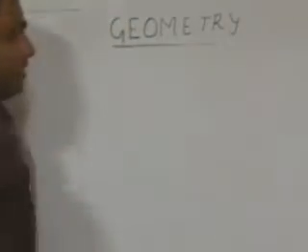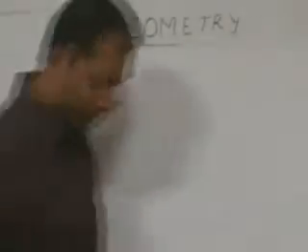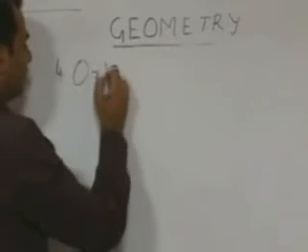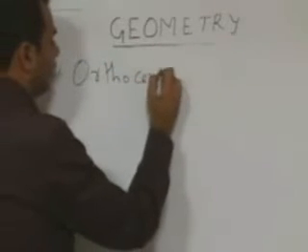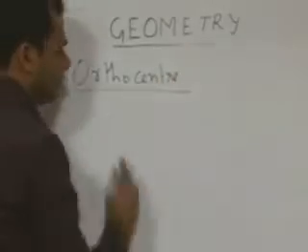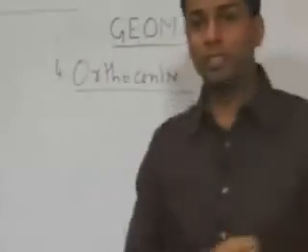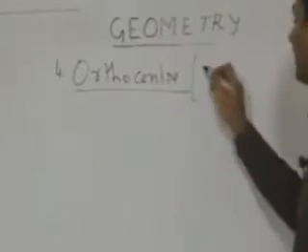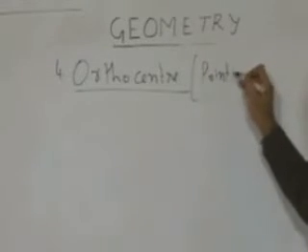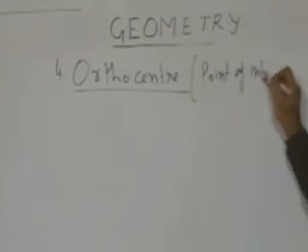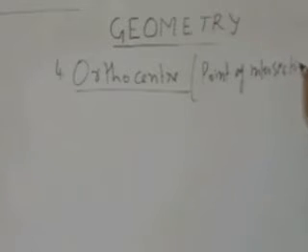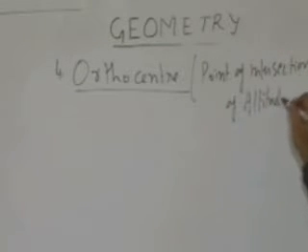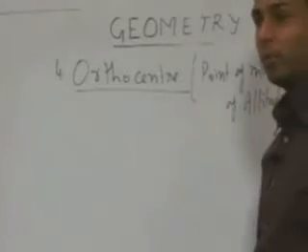The next thing, after circumcenter, is the orthocenter, the last center, the fourth one. In case of orthocenter, it is basically the point of intersection of altitudes.